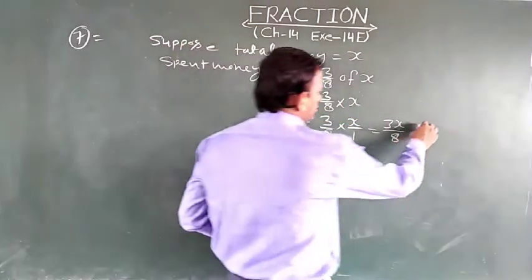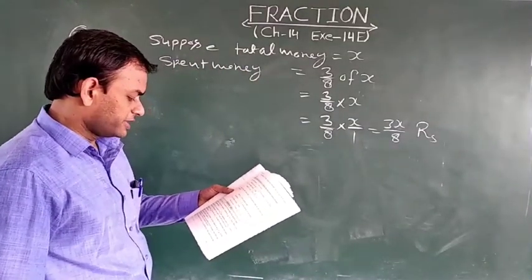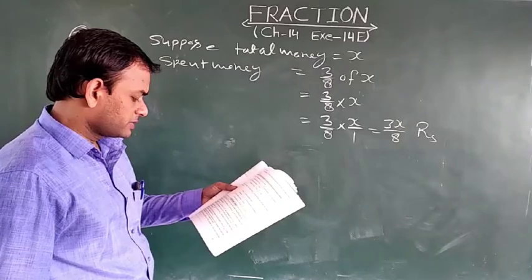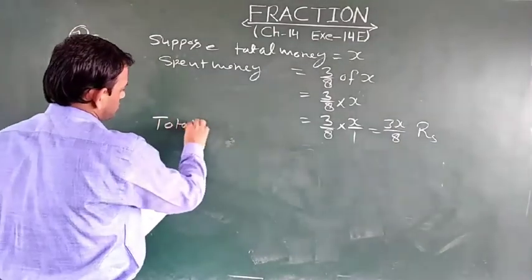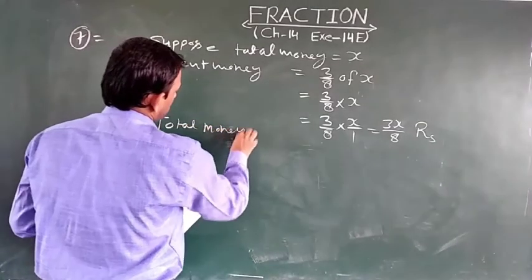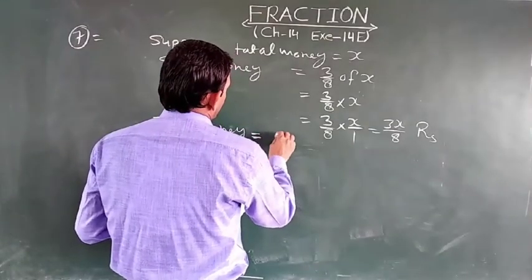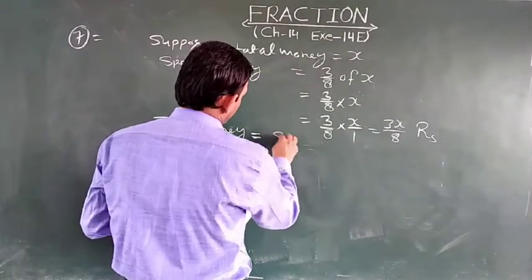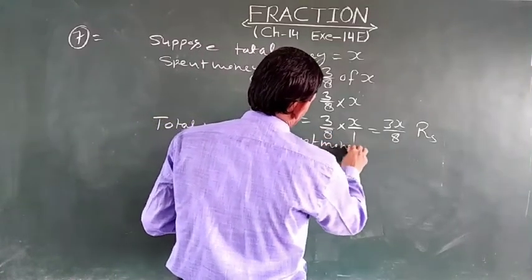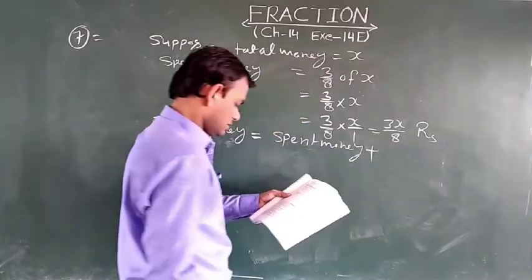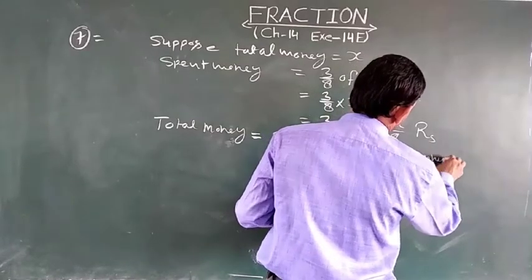Okay, rupees. After that, the left money we have to find out. So the total money is equal to the spent money plus the left money.